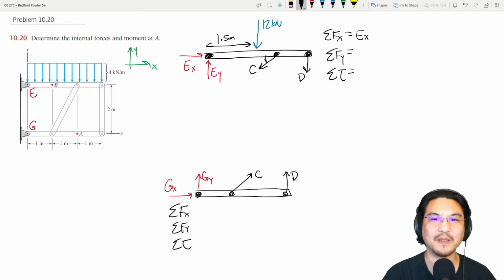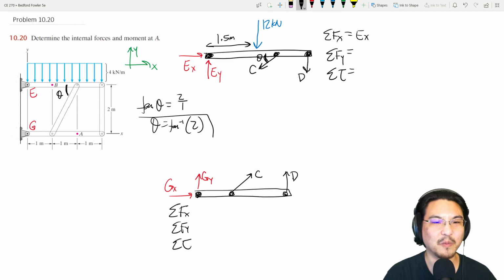Okay, so now some forces in X, EX. Let's see. So see this angle right here is right here. So tangent is opposite over adjacent. Okay, right, so we know the angle.